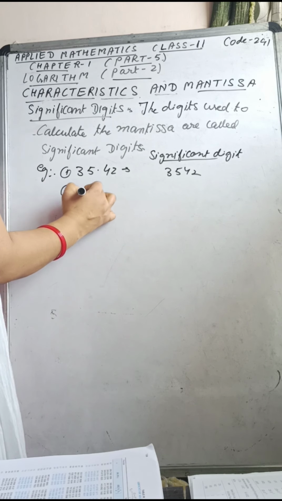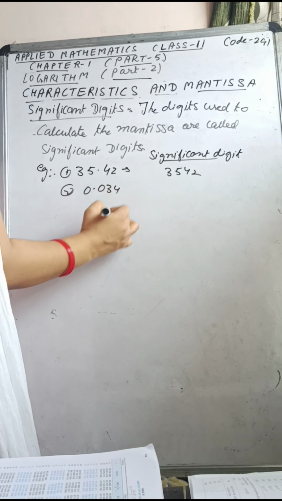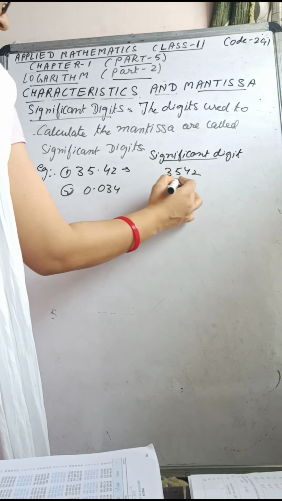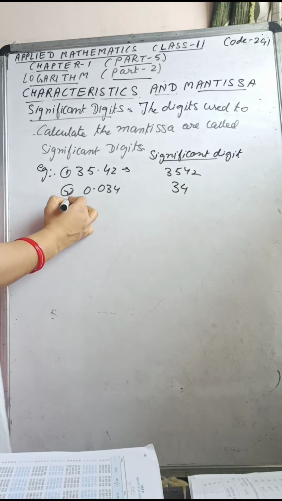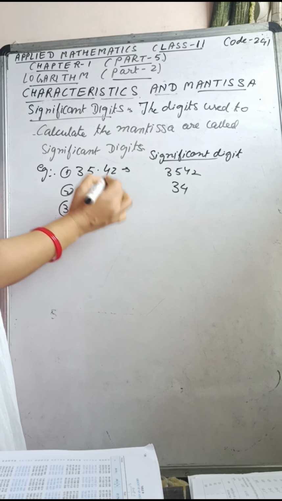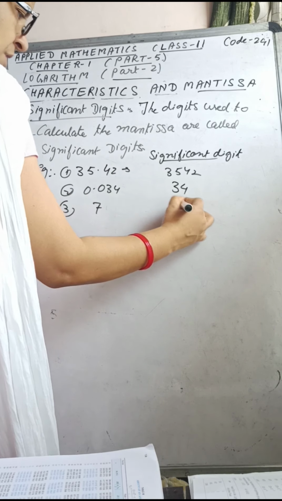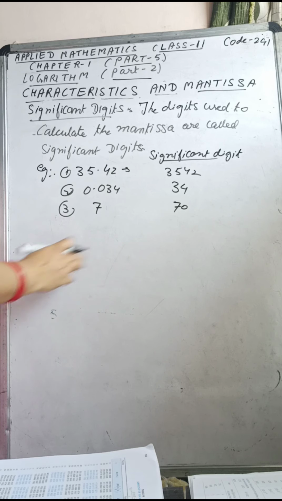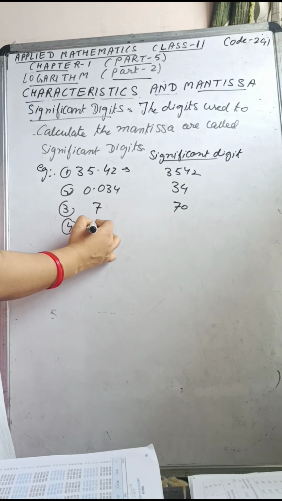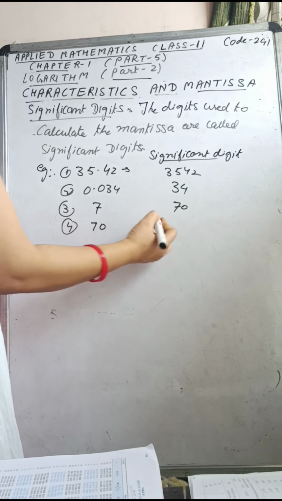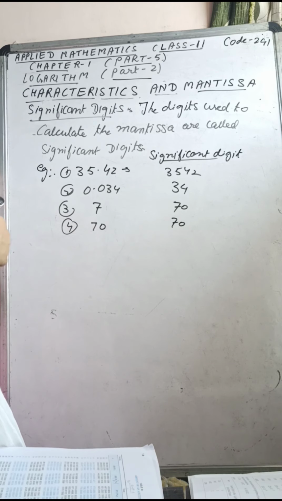Number 2, if I take 0.034, the significant digits to calculate the mantissa will be 34 only. Number 3, if the number is suppose 7, we add a 0 and we find the mantissa of 70. Number 5, if it is 70, then also we will find it for 70 only.